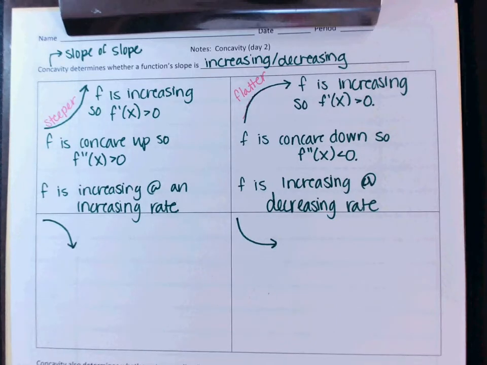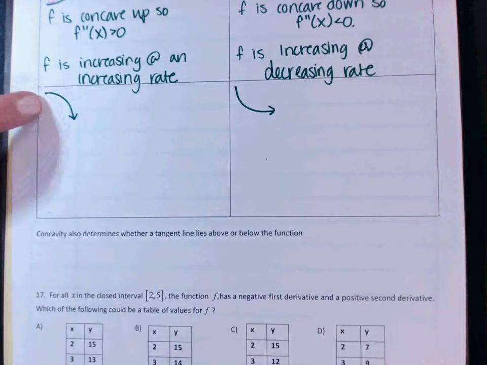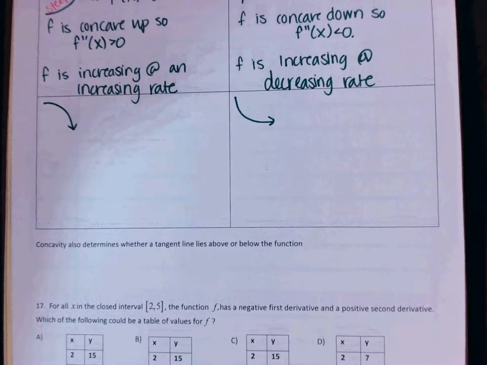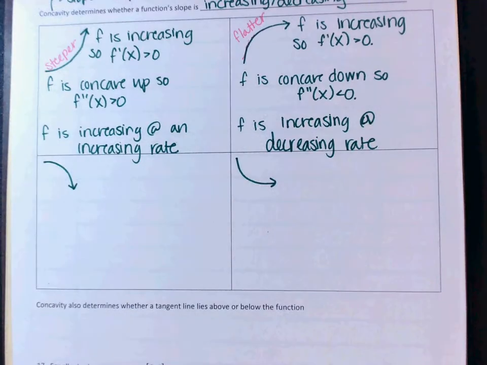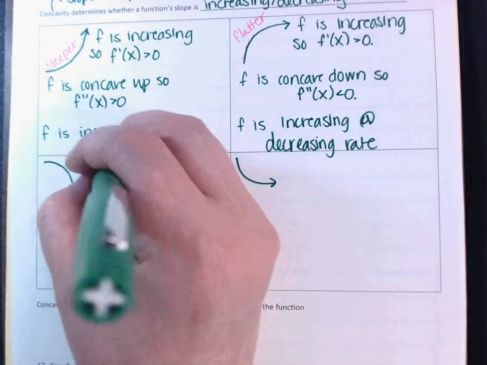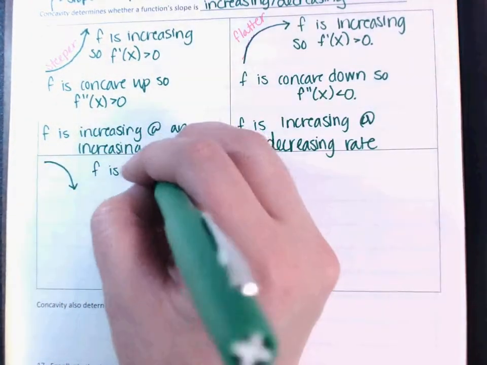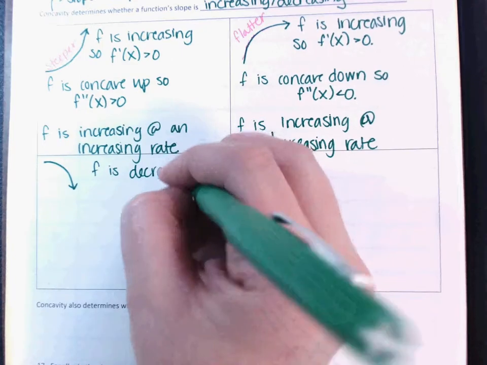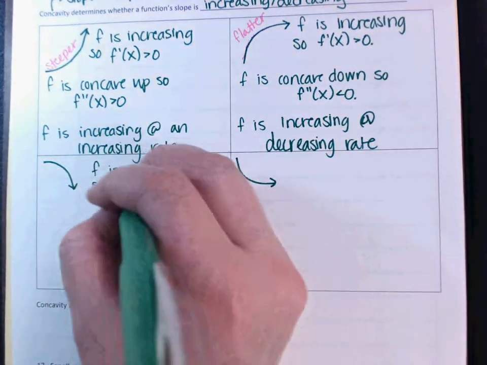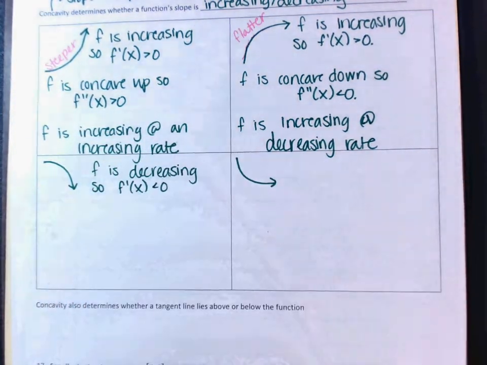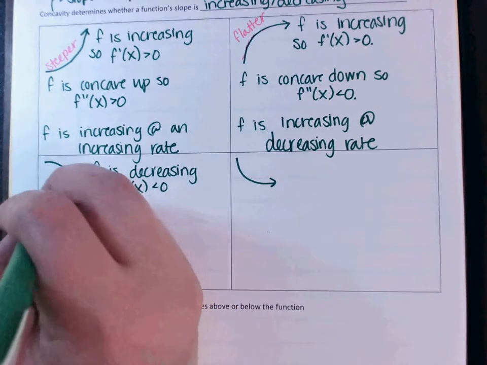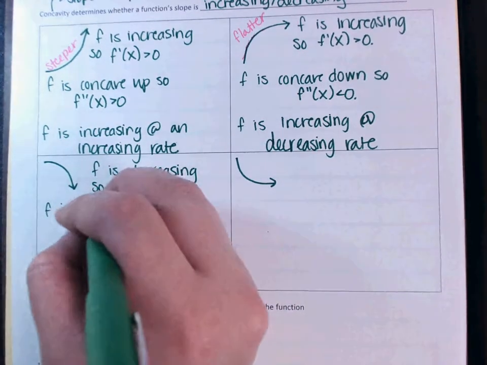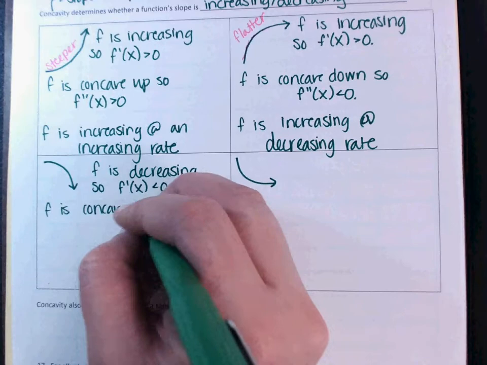Okay, what would I say for the first one here? F is what? Yes? Question? Yep. Okay, what would I say for my first graph? What is F doing? Decreasing. What does that tell us about F prime? F prime is less than 0. What about concavity? Concave down.